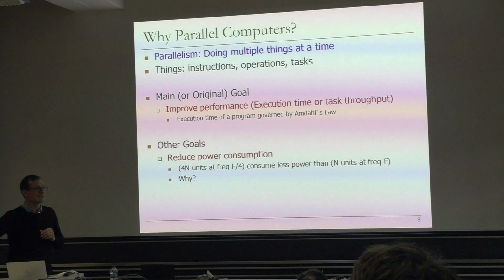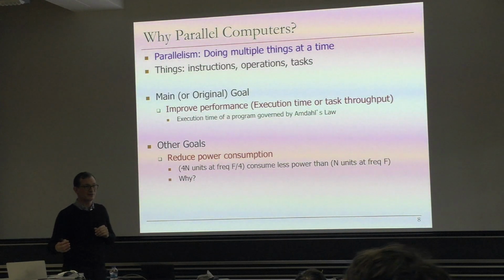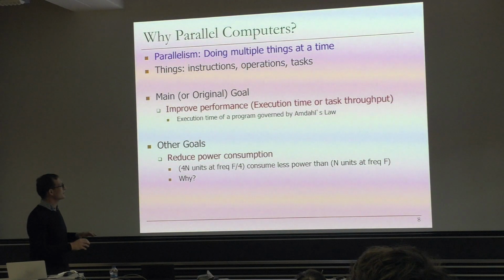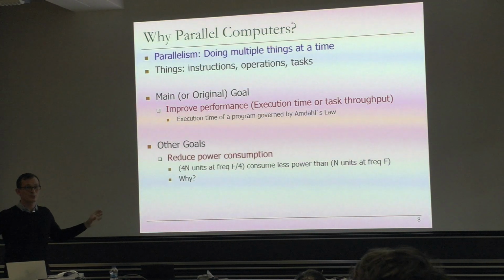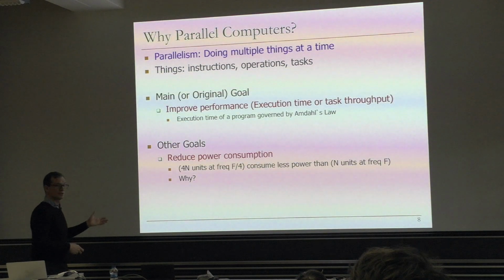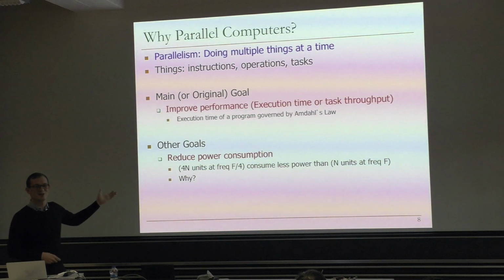Does that make sense? So basically you divide the frequency by 4 for each. They're all slower processors, but because you can actually parallelize your computation really nicely, you're doing more things in parallel on slower processors, and as a result, you'll get less power consumption. So why? I guess that's the quick question, right?